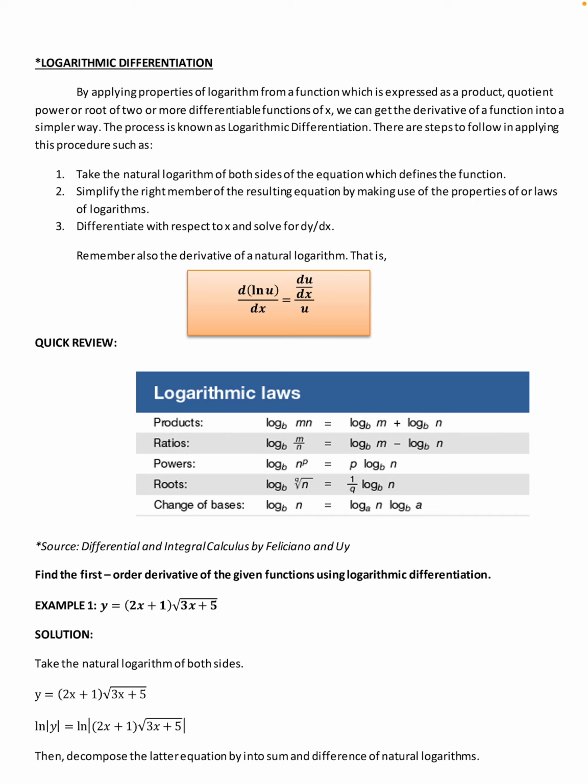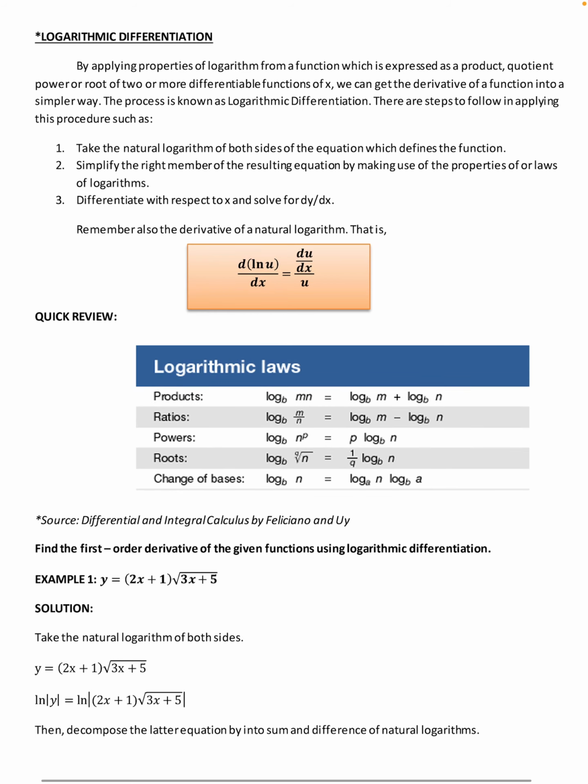This third step is the formal differentiation. So it's not totally a cheat that defies the laws of mathematics. This is just making use of logarithms, because as you have learned from the properties of logarithms, they are pretty much straightforward.